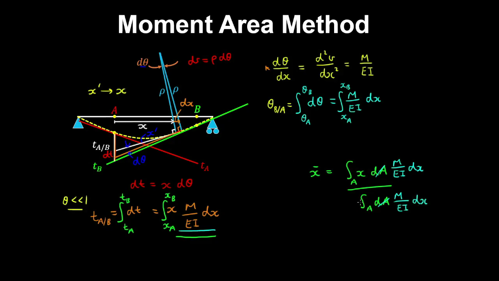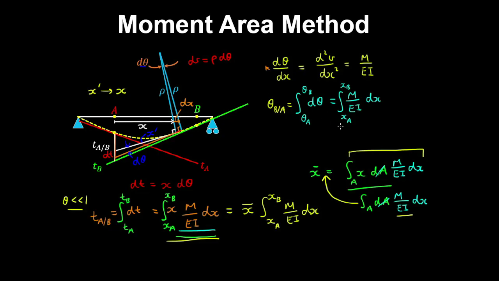And if you multiply through by the expression in the denominator, we can write this expression, which is this one over here, as the centroid of the area of the curvature diagram by the integral from xa to xb, and we're integrating the curvature over x.